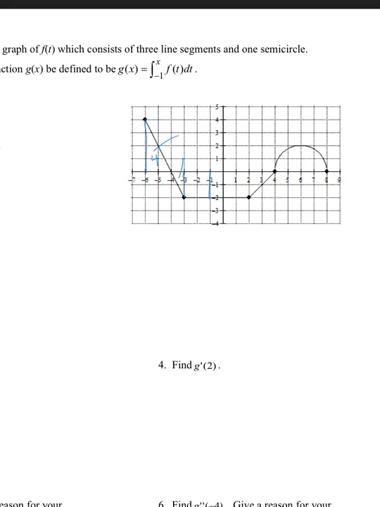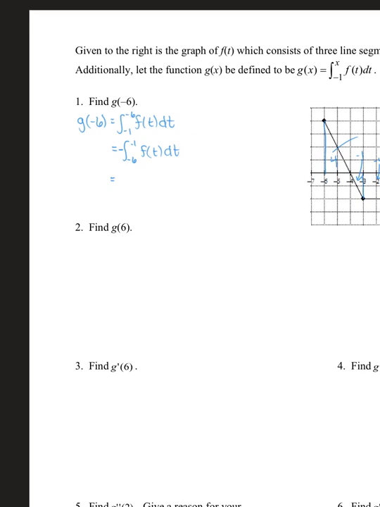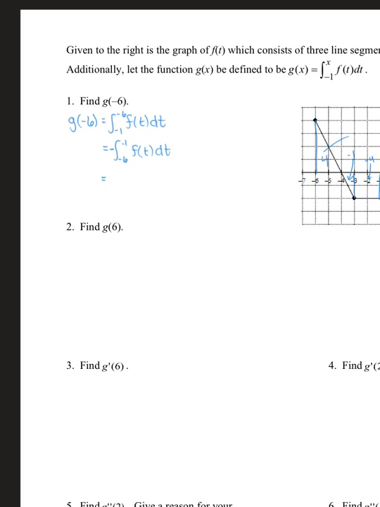This area right here ends up being negative 1. And this ends up being, I'm sorry, negative 4, because it's below the x-axis. If we add all of those together, I have 4 minus 1 minus 4, and remember, all of this is negative because we switched around the boundaries there. You do get 1.